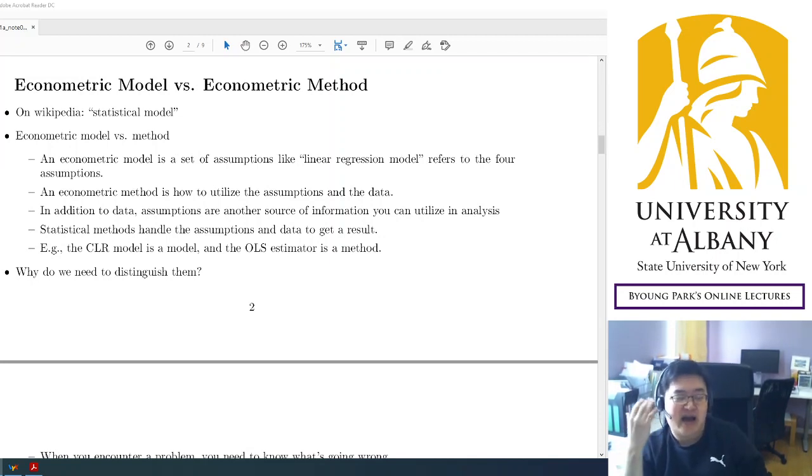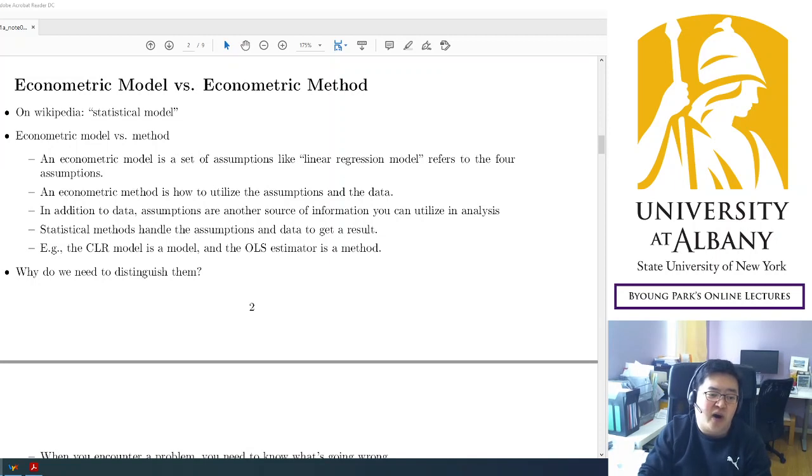I think the correct statement is that here we are going to consider a regression model, a linear regression model, and given the model, we can estimate it by an OLS estimator, right? When you refer to a model, it is about assumptions, and when you refer to a method, it is about algorithms and how you utilize the data. So distinguishing these two, I believe, is important.